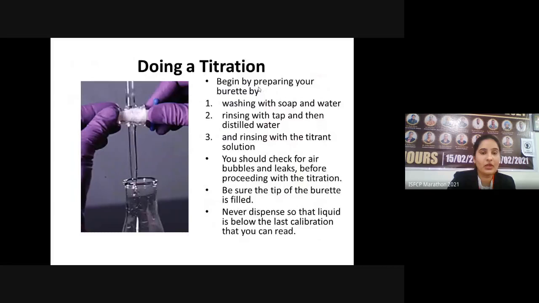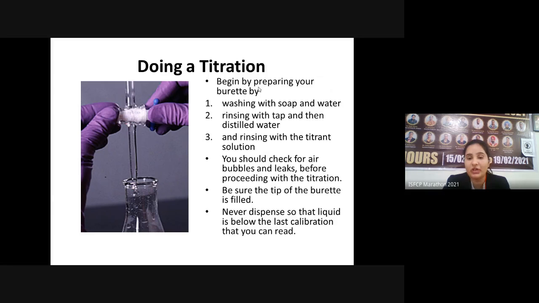While performing titration, I will repeat it once again. All the glassware we use should be properly washed with water, rinsed with distilled water, and then rinsed with the titrant solution to be taken. We have to be sure that there are no bubbles or leaks while performing the titration, and the tip of the burette should always be filled.